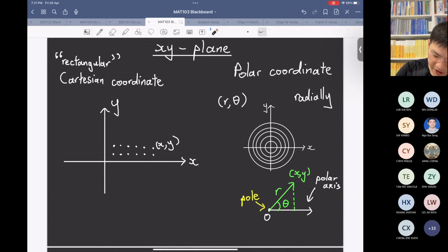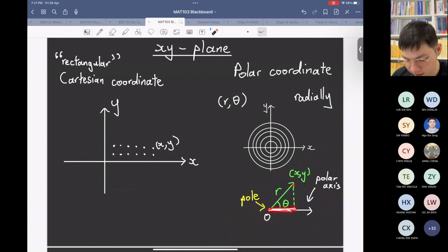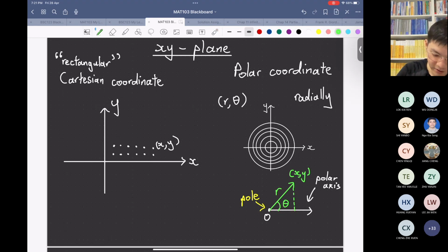You can see from this picture here. If you draw this right triangle, this horizontal part is the x coordinate. For the y coordinate you need to use sine, and for the x coordinate you need to use cos, because this is adjacent to this angle here, and r is the hypotenuse. So exactly, you are right.